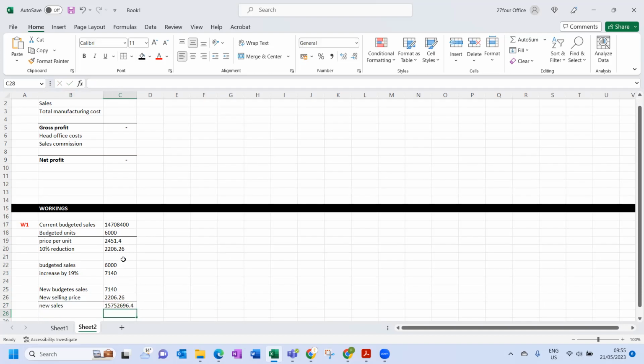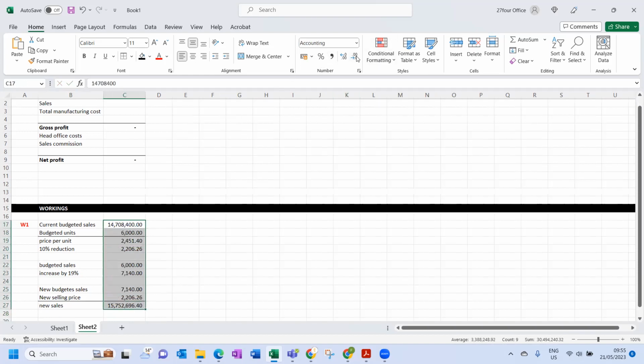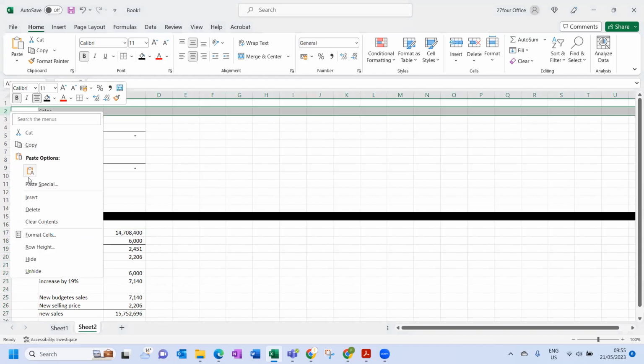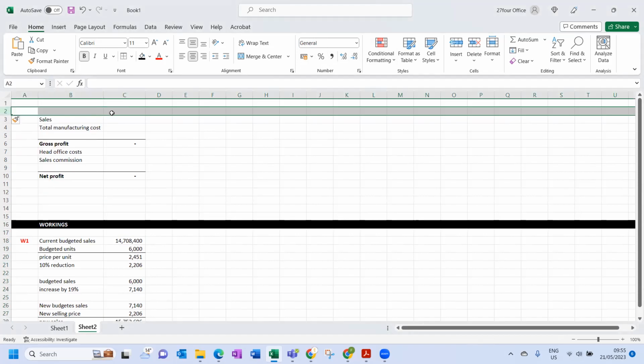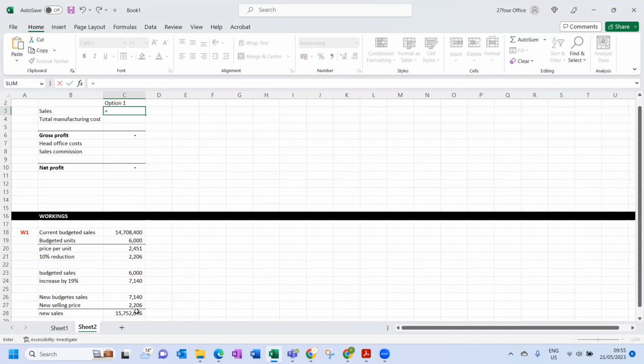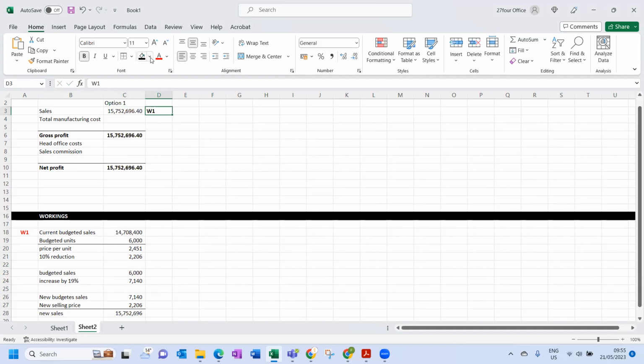That is what I would have gotten. We'll check the solution, or you can do that as part of your homework. So option 1 would be equal to that over there. Over here, working 1. So we're happy with that.